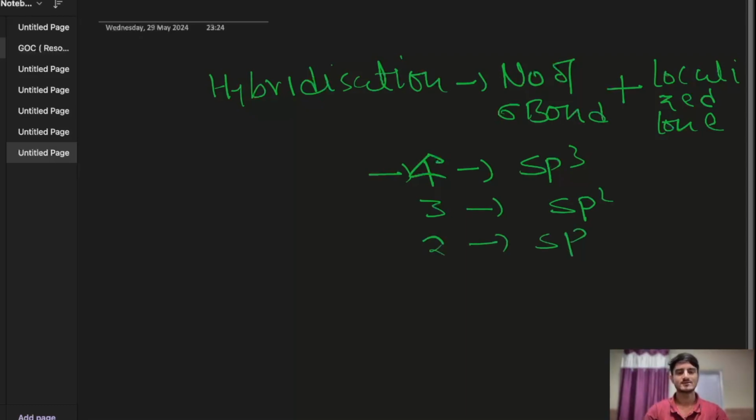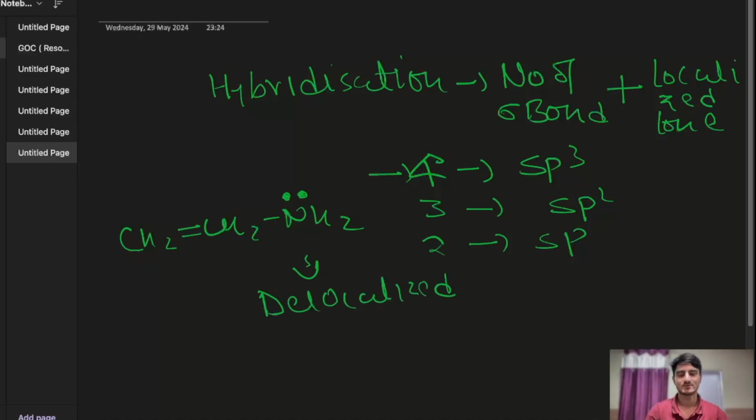So let us take an example. NH2 on a carbon chain. As we know, these lone pairs are localized, and these lone pairs are delocalized.